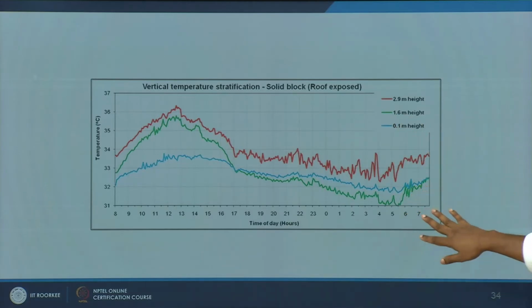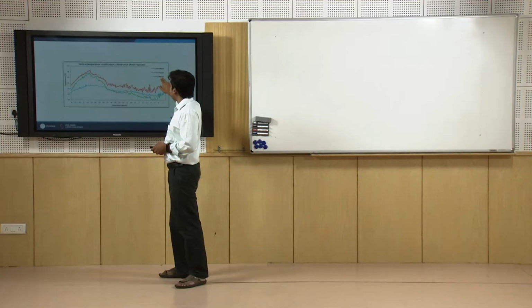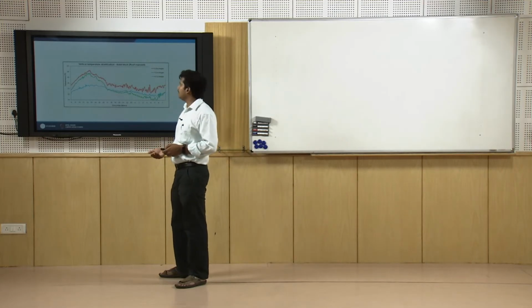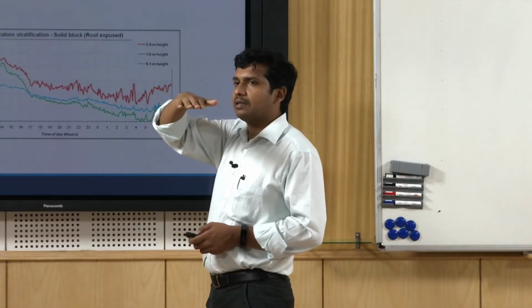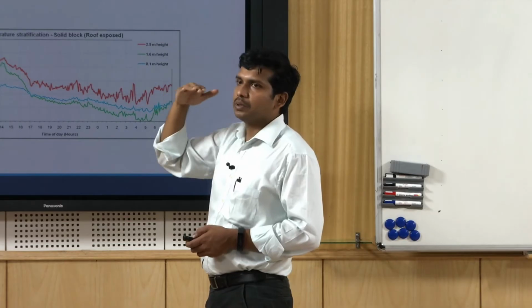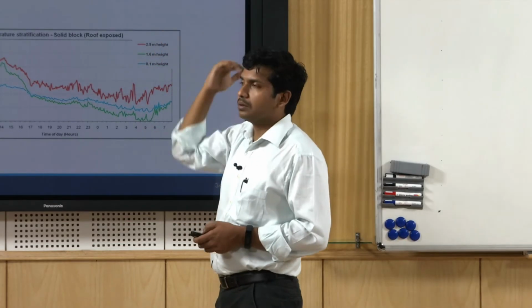This is again a hot and humid climate. We took measurements at 3 different heights: 0.1 meter height which corresponds to the foot level of a standing person, 1.6 meter height, somewhere in the center of the room, which corresponds to your face or head level, and 2.9 meter height which is much closer to the ceiling.